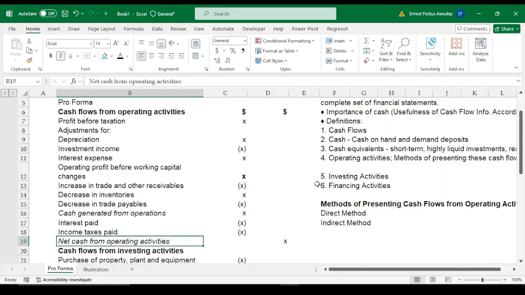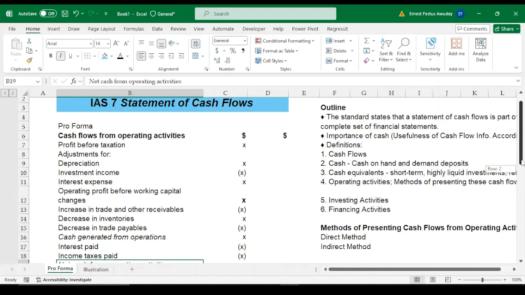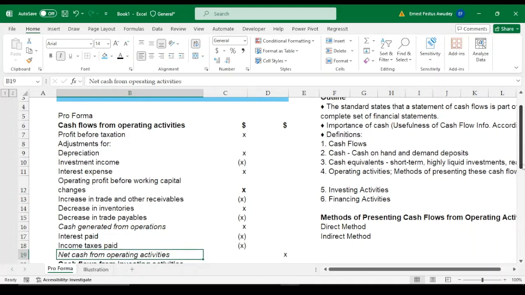Then the second form of cash flows that we have is the investing activities, cash flows from investing activities. Now, what are investing activities? They are those cash flows from acquisition and disposal of long-term assets and other investments not included in cash equivalents.